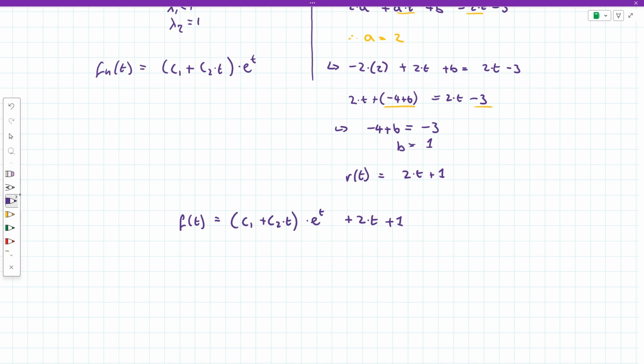Without boundary conditions, which they may or may not give you in the question, you cannot calculate C1 and C2, because you need to know that, for example, at a certain time there is a specific value of the function. So this leaves us with this answer, which is correct.